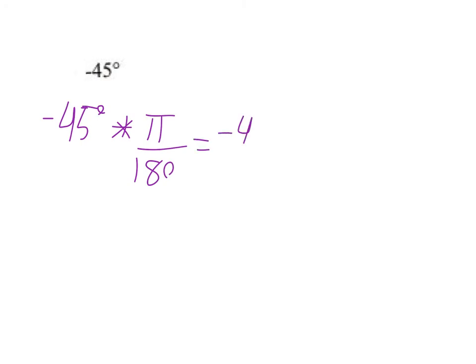Well, negative 45 pi over 180, which simplifies down to pi over 4, but it's a negative pi over 4 because we had a negative 45 degrees.